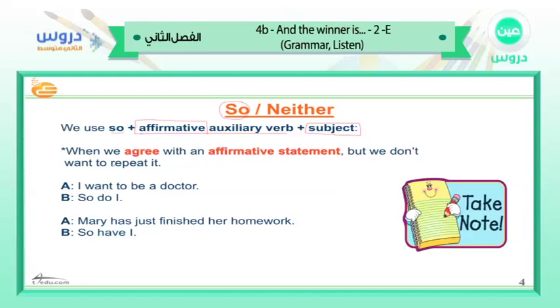Let's take some examples, everybody. A: I want to be a doctor. B: So do I.